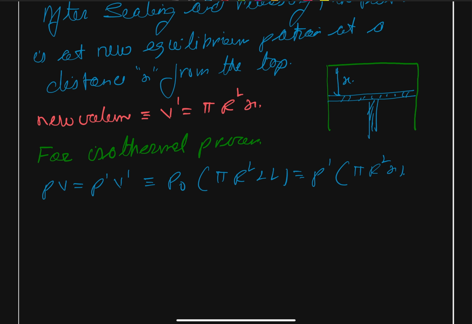So pi r square cancels out, and P prime will be equal to 2L upon x multiplied by P naught. Now we find out once again our equilibrium condition.